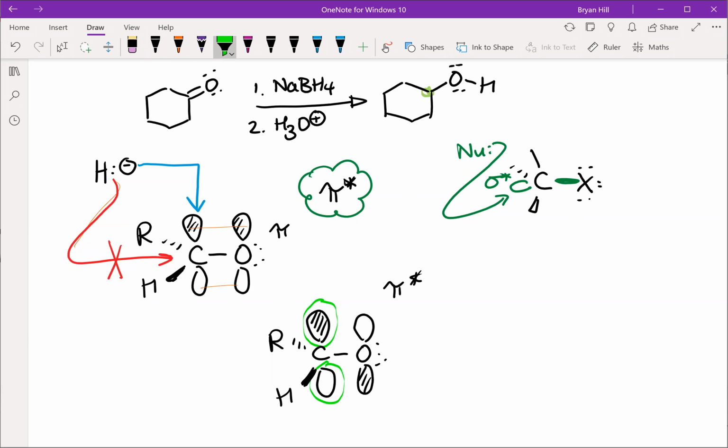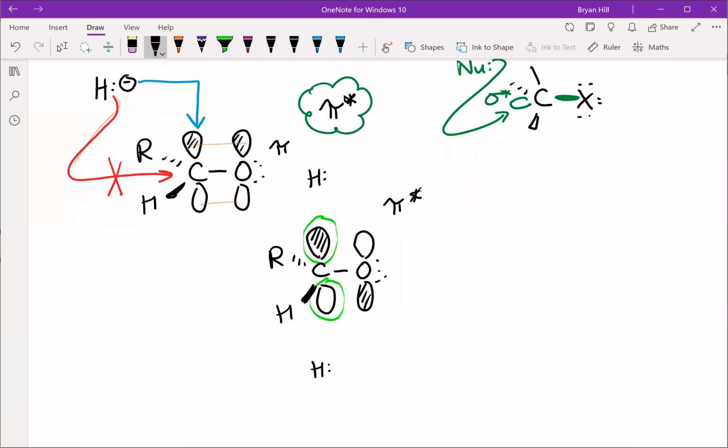But the key point is that it would be coming in either from the bottom or from the top. The angle isn't exactly 90 degrees. It gets deflected a bit by the oxygen, but that's something for a different class. The key point is that it's coming in perpendicular, as opposed to what I've drawn in red up here, where it'd be bisecting the R and the H.